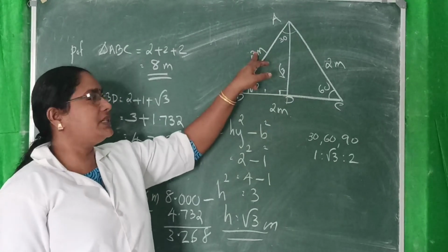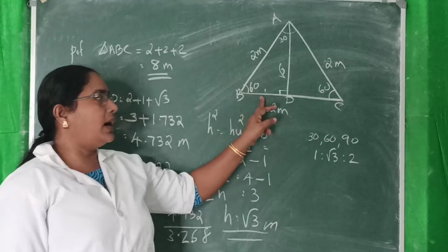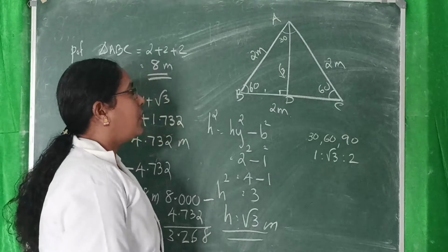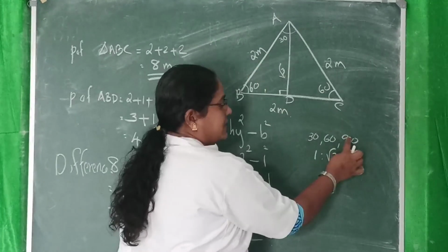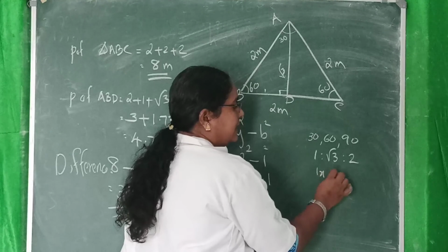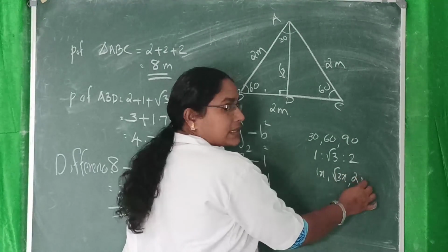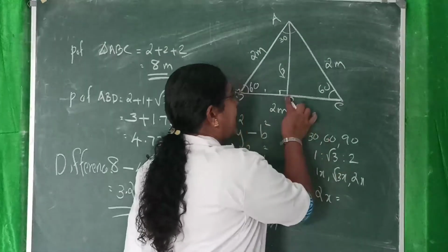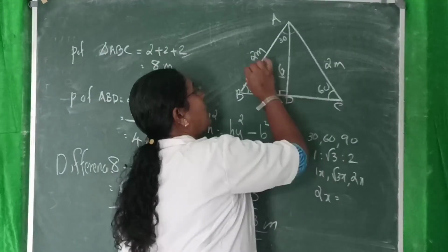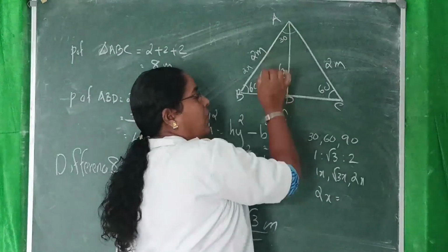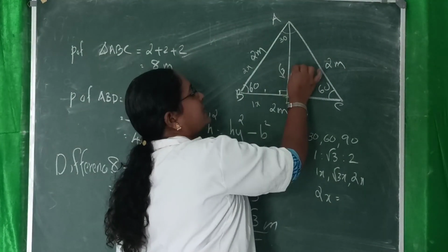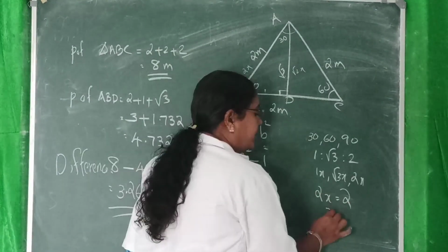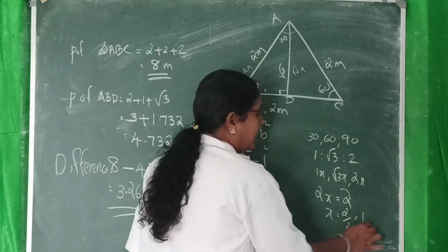The side opposite 30 is 1, so what is the side opposite 60? It is root 3. Or write the sides as x, root 3x, 2x. The side opposite 90 is 2x, opposite 30 is 1x, opposite 60 is root 3x. 2x is given as 2, so what is x? 2 by 2, 1.